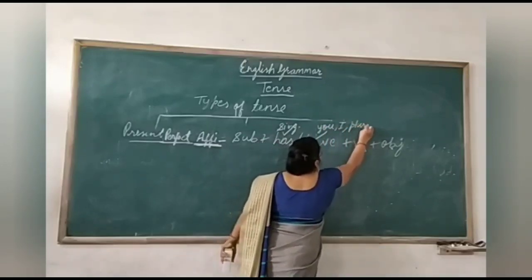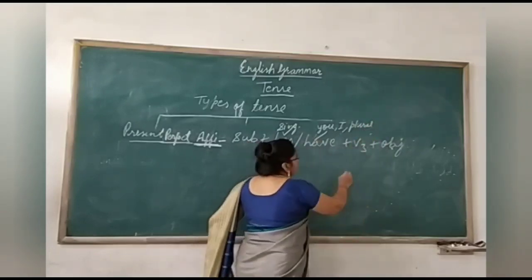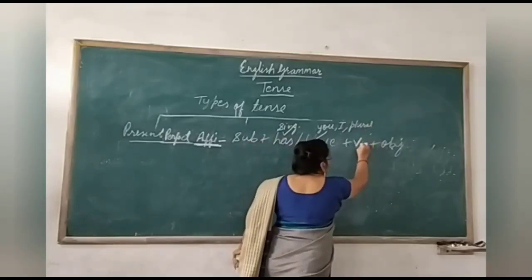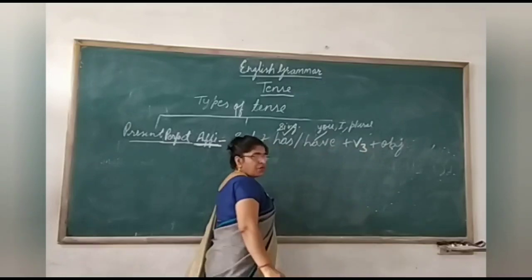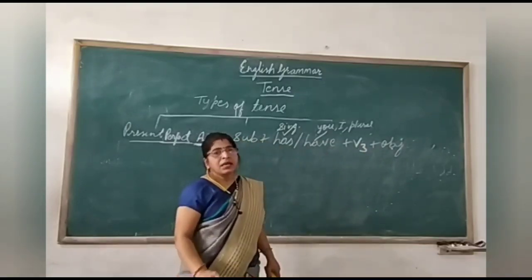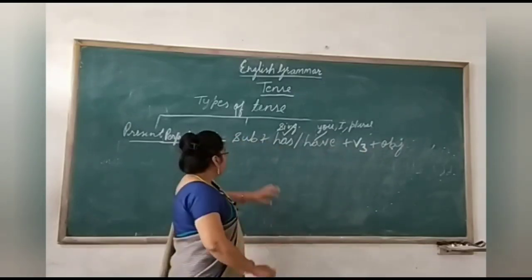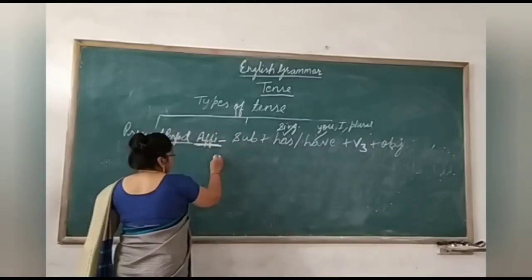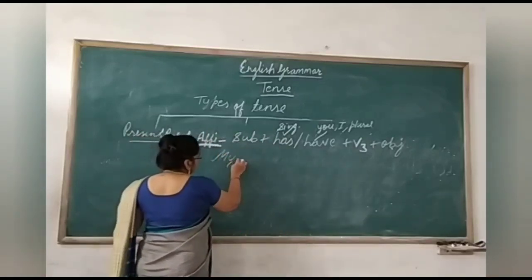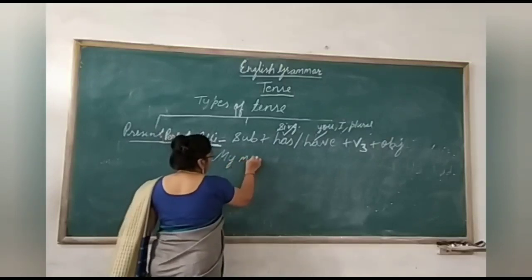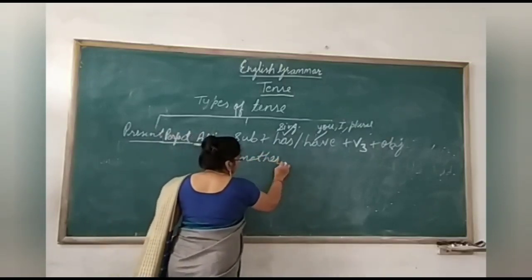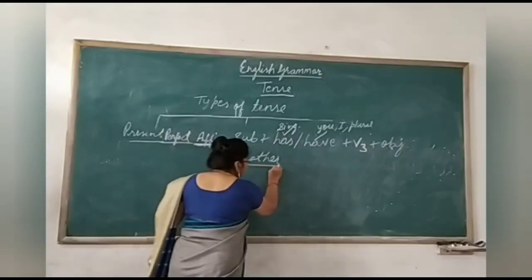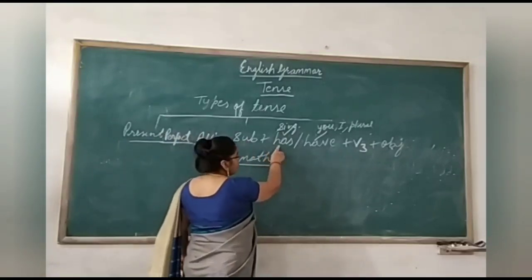This you have to remember in this tense, and your verb will be always in third form. V3 means the third form of the verb. Here let us construct the sentence. Subject, my mother. Same sentence I am taking. My mother is singular. What have I told you?